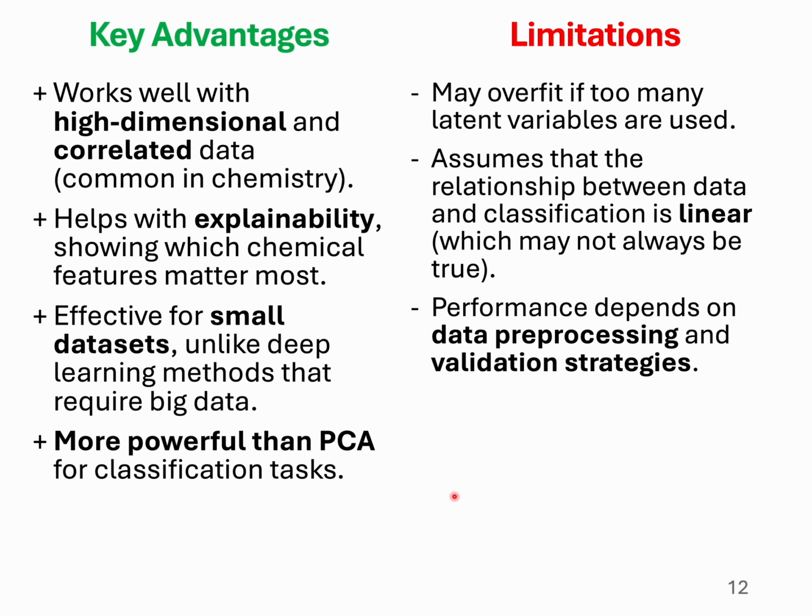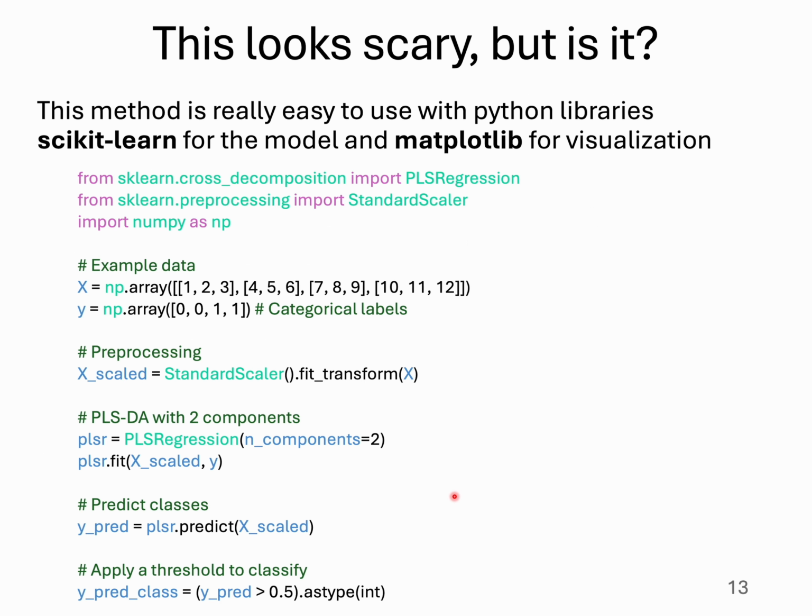But the main advantages are the explainability, because we see how each component affects the result, and it really works well with high dimensional and correlated data, and it is really effective with small data sets, because some other supervised machine learning techniques need really big data sets, but for PLS-DA we can use just tens or hundreds of data points to build the model.